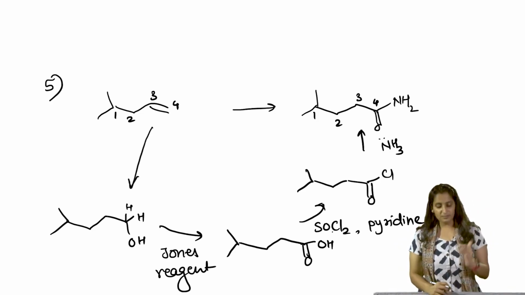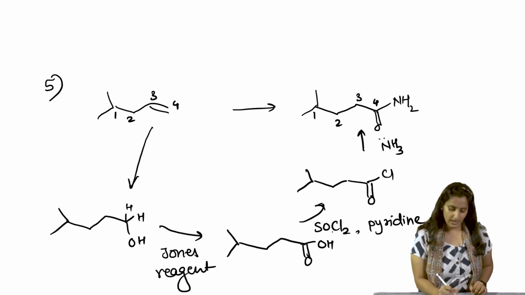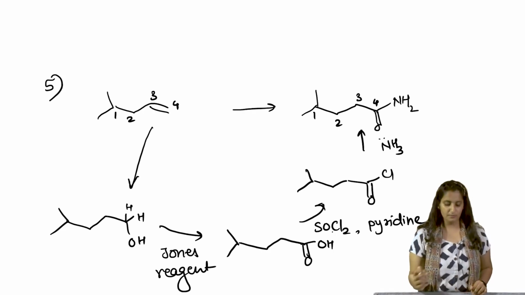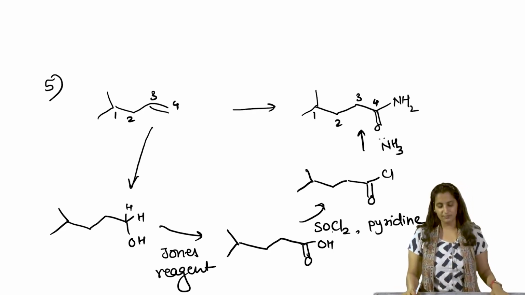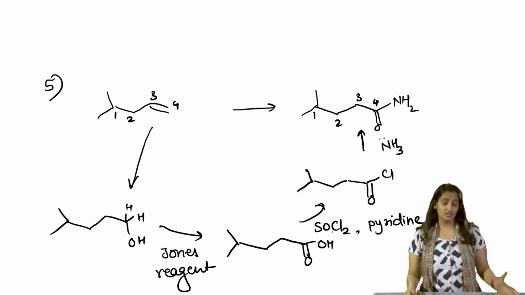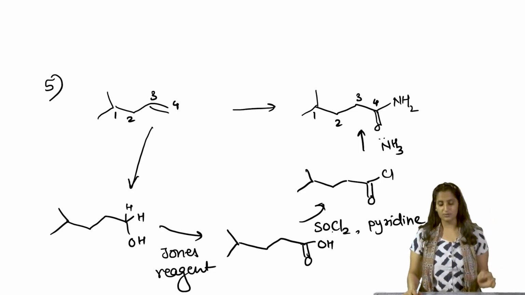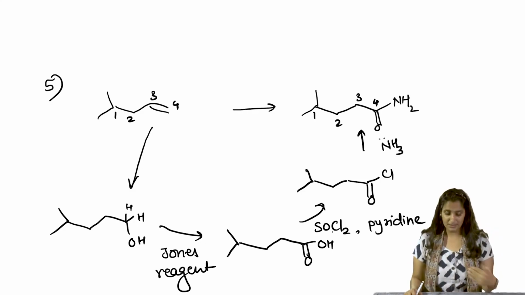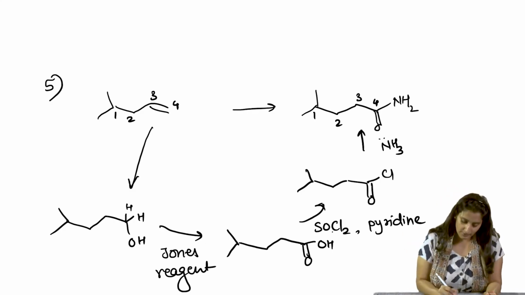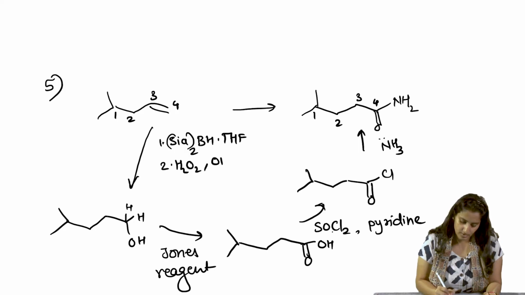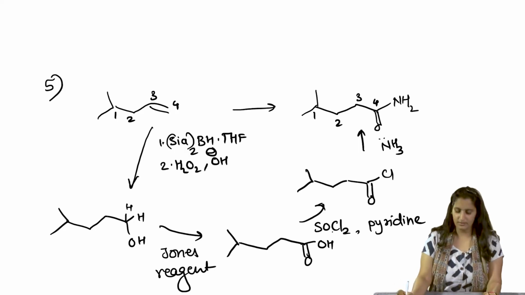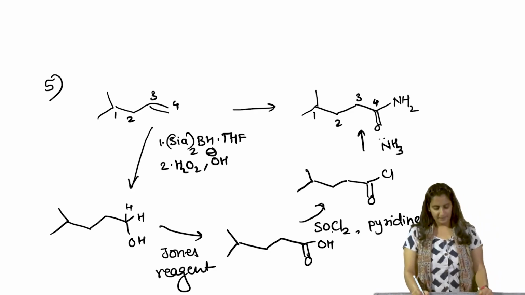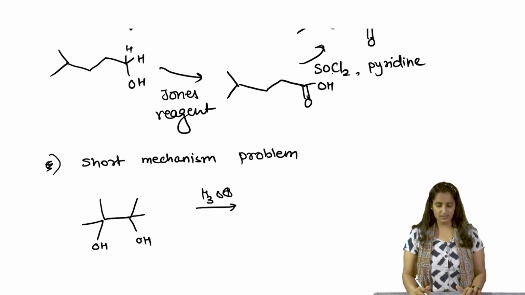And then to form this particular alcohol, remember, if you do an H3O plus reaction or oxymercuration, it is going to form the OH on the more substituted carbon. So, we need to form it on the less substituted carbon. So, we will start with hydroboration and oxidation. Okay. So, that is the synthesis question.